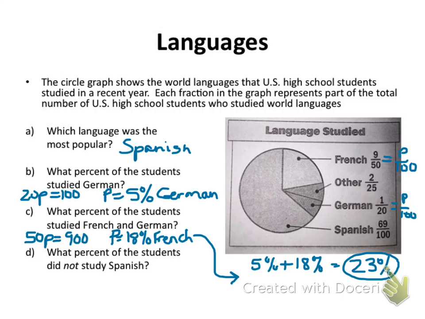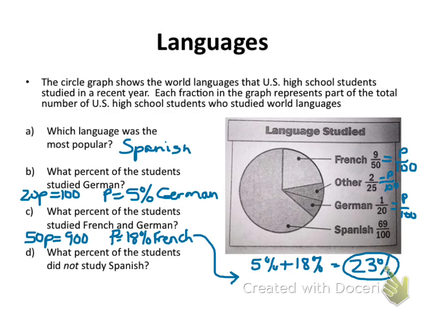If you subtract that from 100%, because 100% is the whole circle and all the students, regardless of the number of students, you could get it that way. Or you know German, you know French. If we could calculate the percentage of other, we could add that in to the 23% and get that total. So let's do it that way.